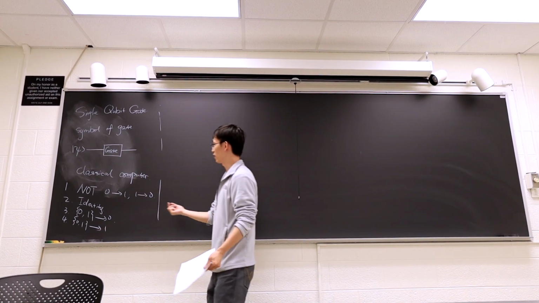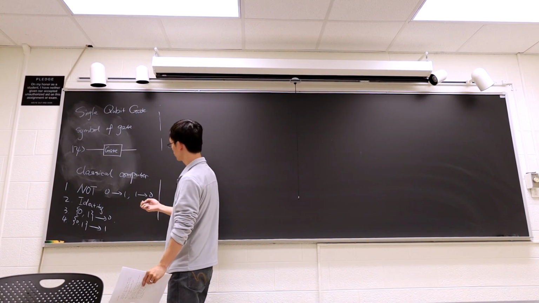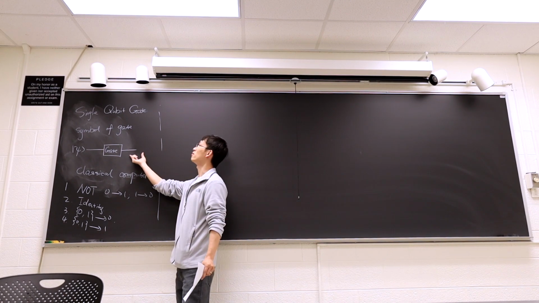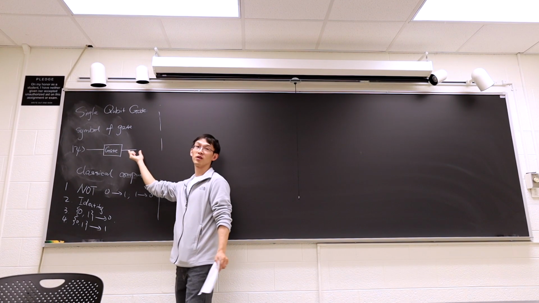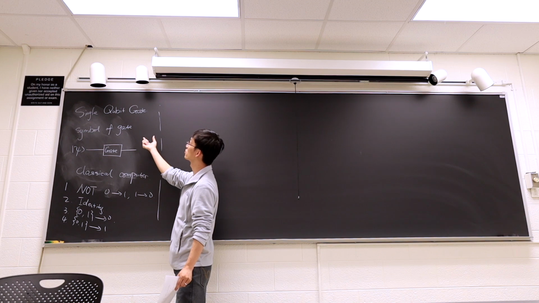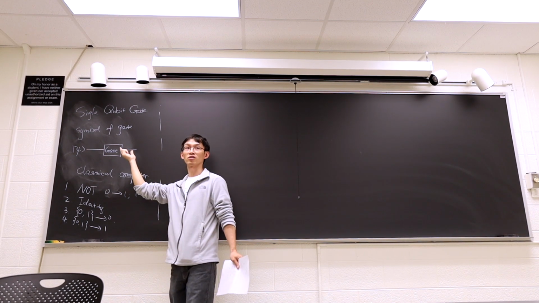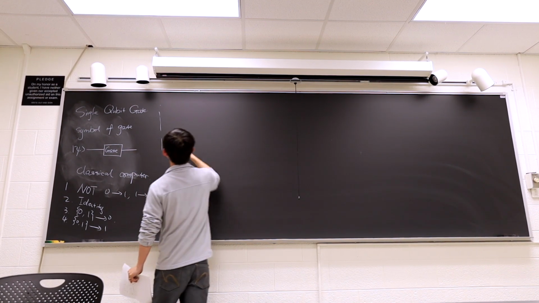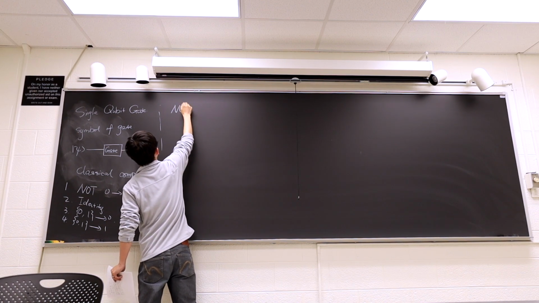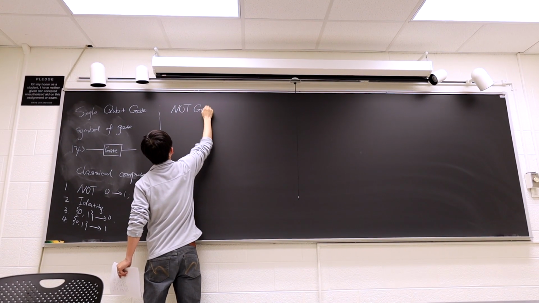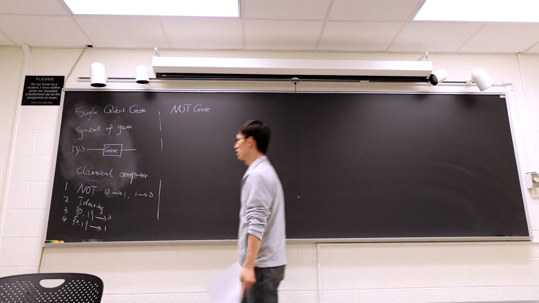So now let's think about the quantum case. There's actually an infinite amount of single qubit gates in the quantum case. But let's start very simple. Let's say the NOT gate. We have a NOT gate in a classical computer.